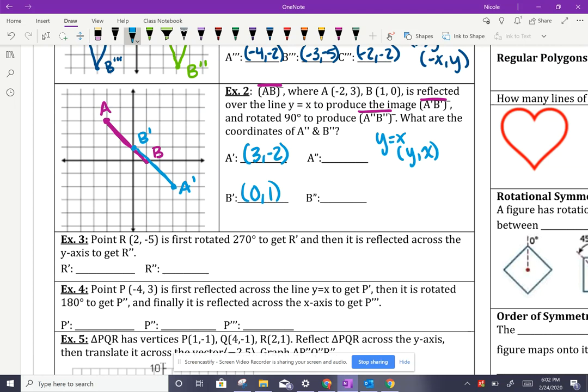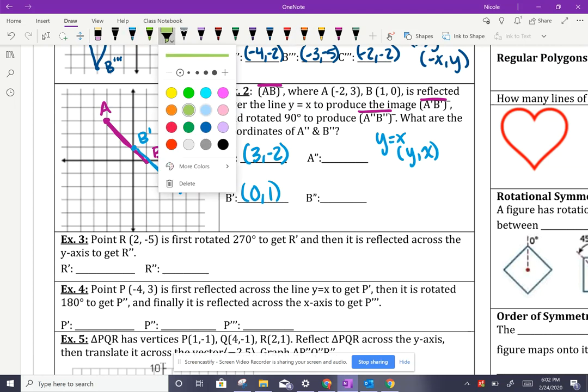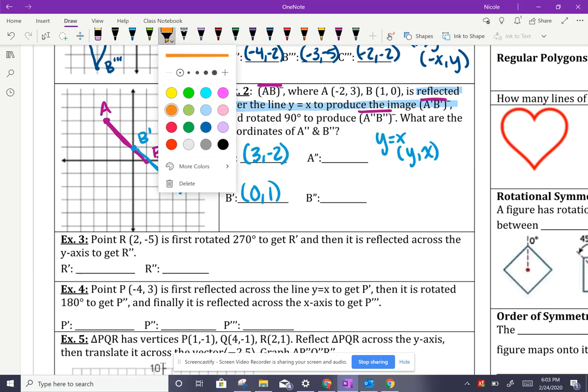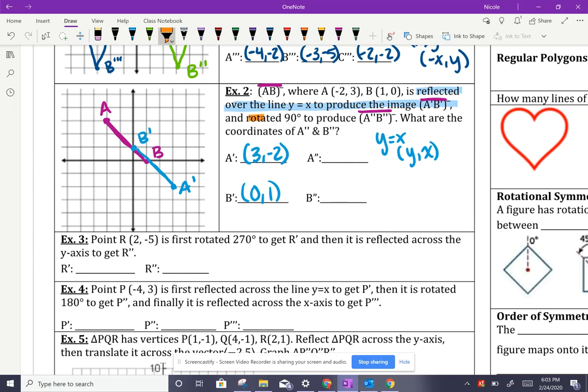And then we will do this again. This time it says, let's highlight that so it kind of stands out, reflected over the line for A prime, and then we are going to rotate 90 degrees to produce A and B double prime. So when we're rotating 90 degrees, your x and y are going to change to -y, x.